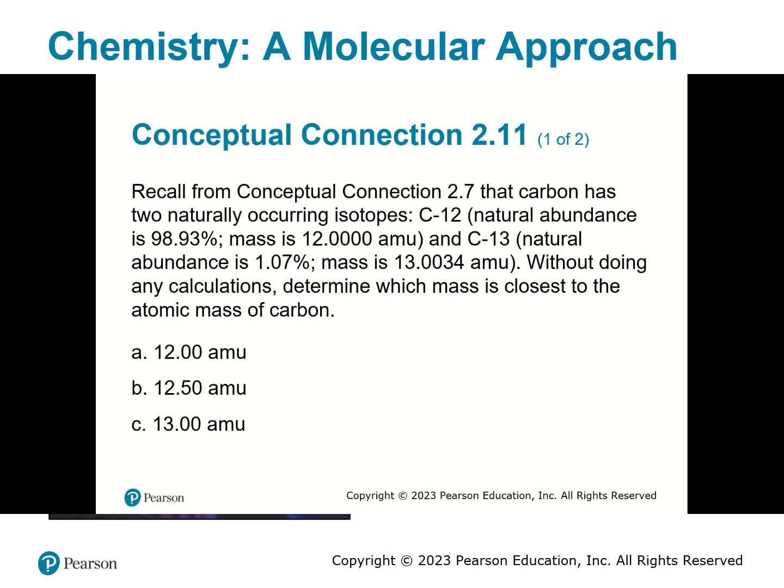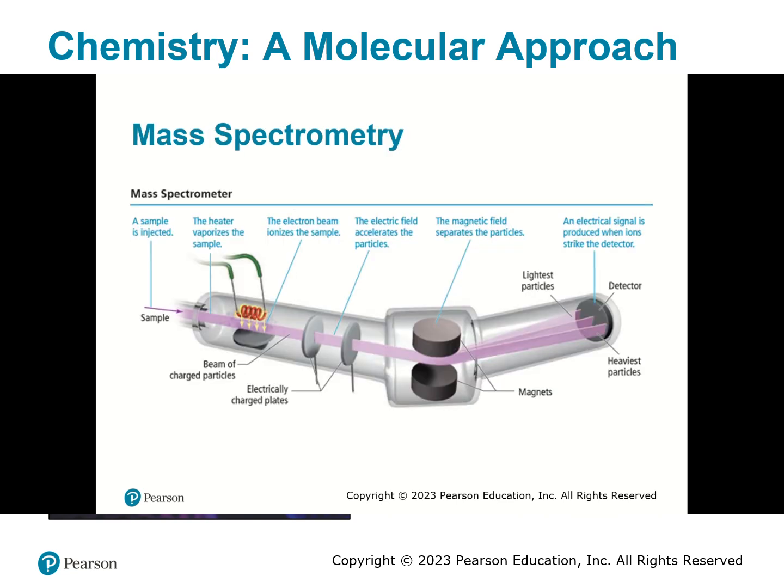Without doing any calculation, determine which mass is closest to the atomic mass of carbon. Look, 98.93%, almost 99%, has a mass of 12, and just 1% has a mass of 13. Of course, my final mass will be close to 12, right? No calculations needed.